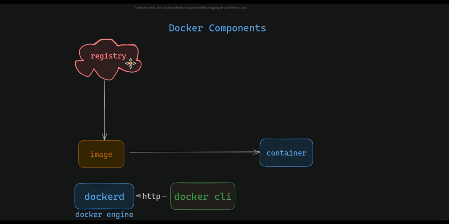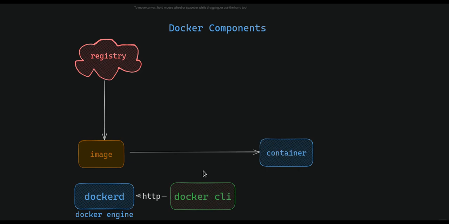Companies publish their official images to this public registry, and we can download them freely. If we have an internet connection on our machine, we can run a single command, download those images, and create containers from them.